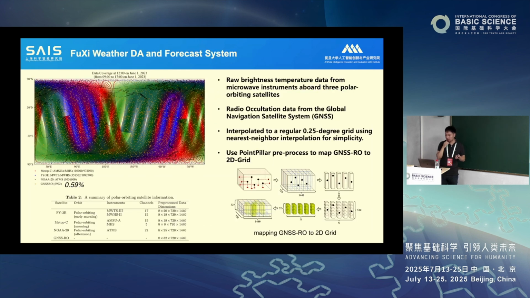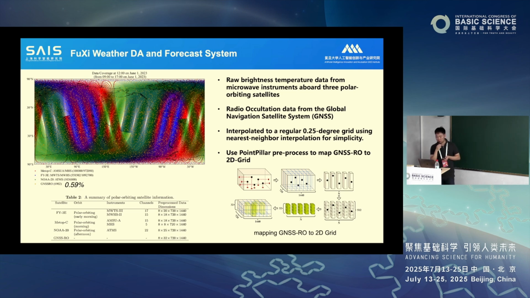This plot shows an example of the observations we assimilate into our system for one time. It consists of 5 microwave instruments aboard 3 polar orbiting satellites, and also includes some GNSS radio occultation data all around the world.